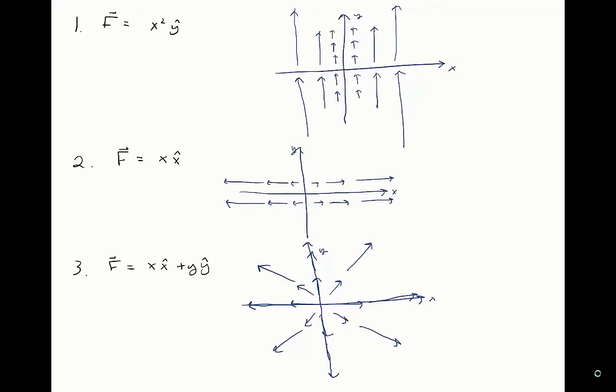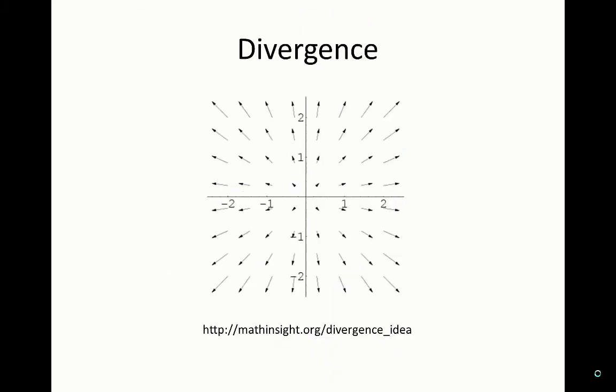So the first operation we're going to talk about is called divergence. And divergence you can see in this vector field here, and also in the last vector field we just drew. So divergence is a measure of how much a vector field shows something spreading out. So if you think about it in an analogy of water, you have a source of positive divergence if you drop something in water and it spreads out.